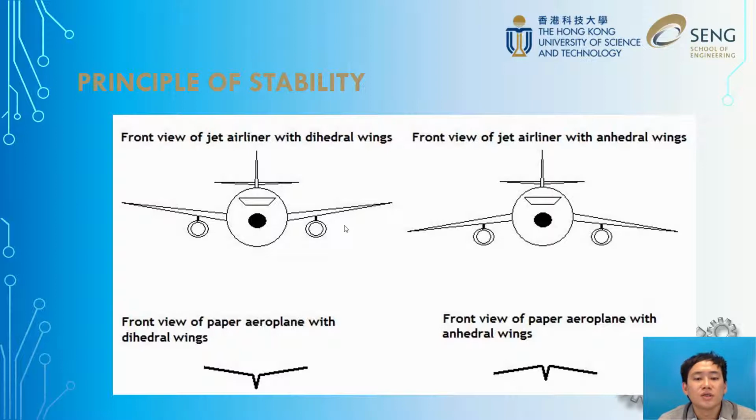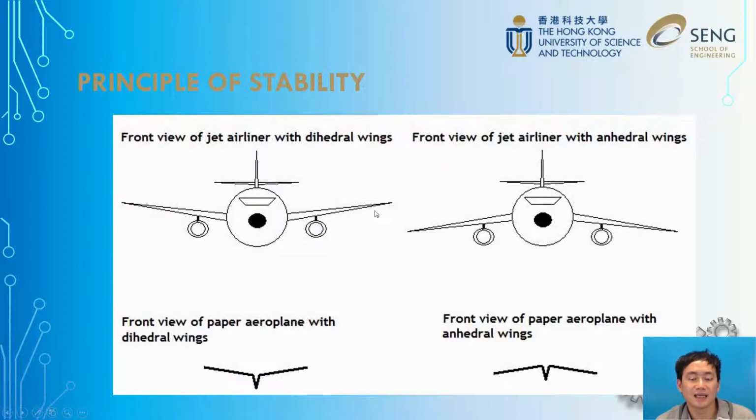Some more information about how to achieve a stable system. If we look at the aircraft, you can see that the two wings are always, for commercial aircraft, pointing upward. The tip of the wing will always point upward.